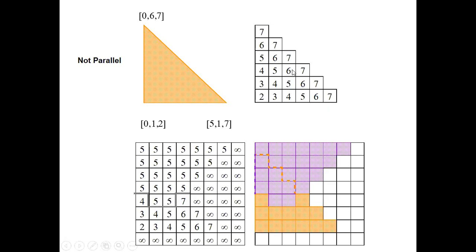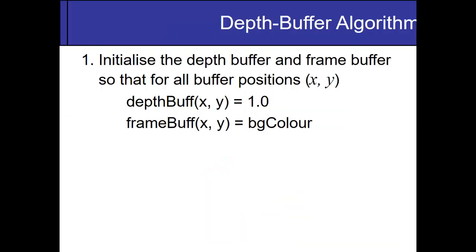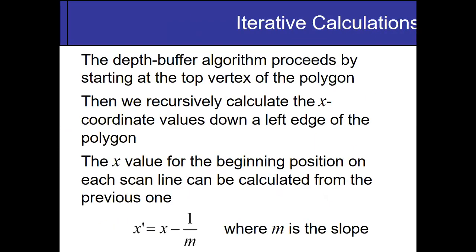So you have to calculate the X slope downwards, that is the new X is the old X minus 1 by M. This we have seen in our on-campus class, where we did DDA, the midpoint line. Whenever you want to go up, it is X plus 1 by M. Whenever you want to go down, it is X minus 1 by M, where M is the slope.